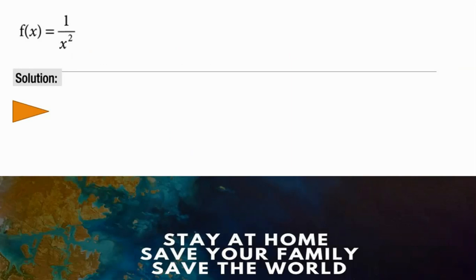Okay guys, next example. F of x is equal to 1 over x squared. I give you 30 seconds to solve this exercise, and then we continue with the solution.